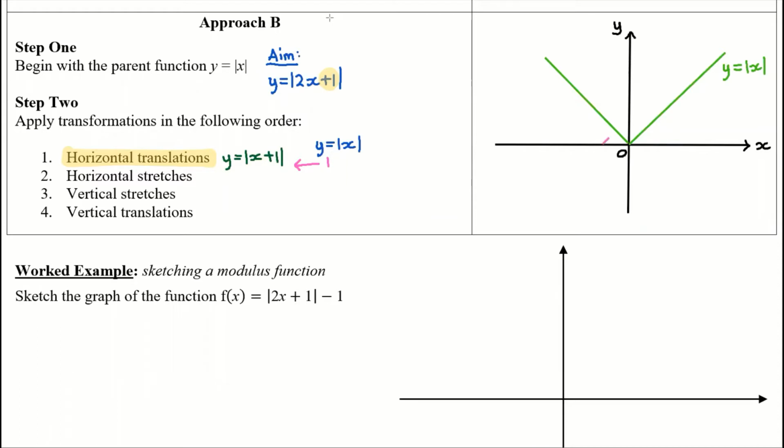So the diagonal line is going to be parallel to the line y equals x, and this part will be parallel to the line y equals -x. So that's what we've got so far. So that's going to be the graph y equals the modulus of x + 1. Okay, so we have one more transformation to perform, and it's worth at this point just thinking about where this graph is intersecting both the x and the y axes.